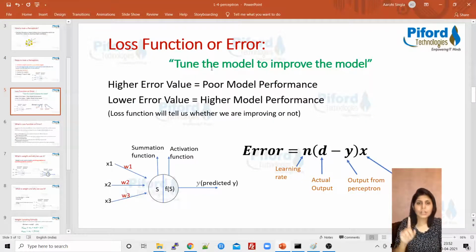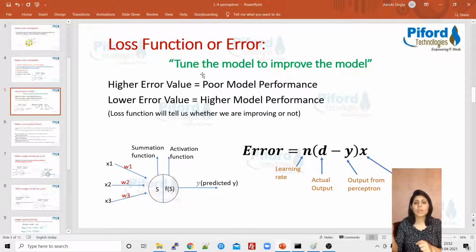Error, loss function and cost function are similar things: error, loss and cost. Why do we need this loss function, this error function? The ultimate goal of using the loss function is to find out how accurately your algorithm is working, so that we can tune our model to improve the results.